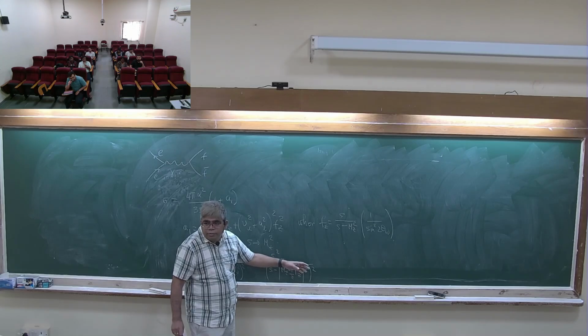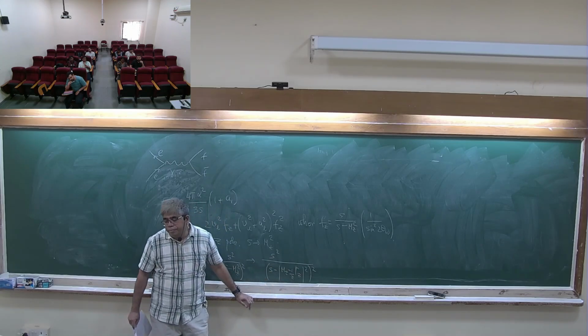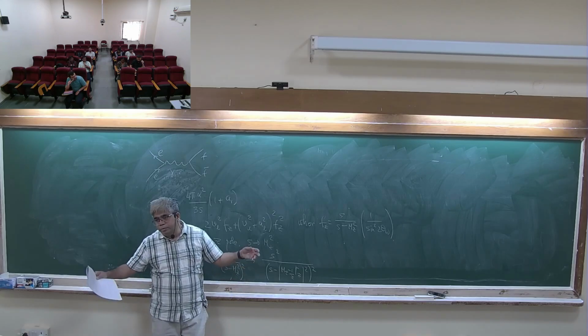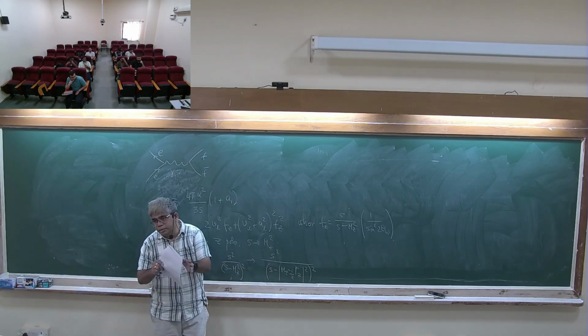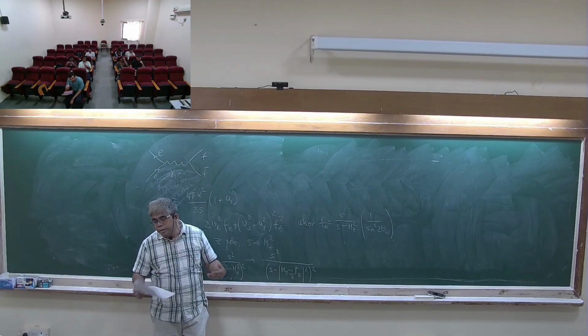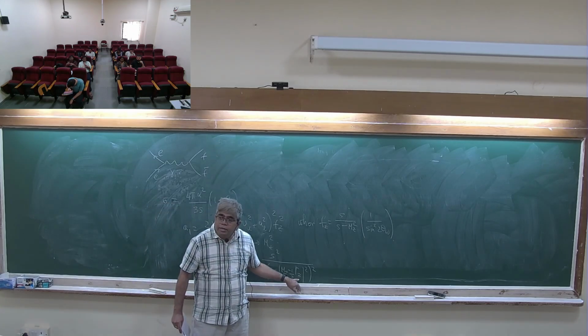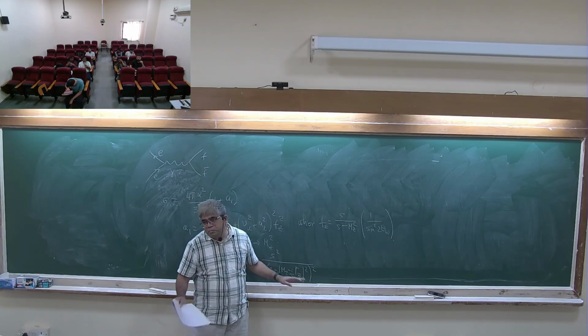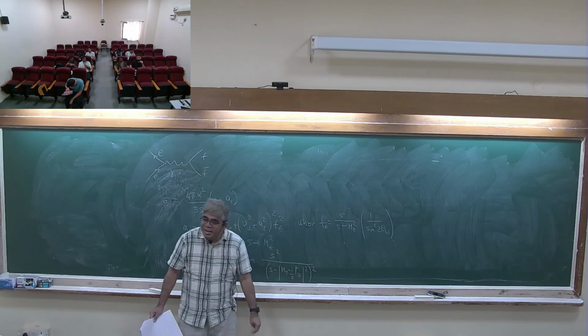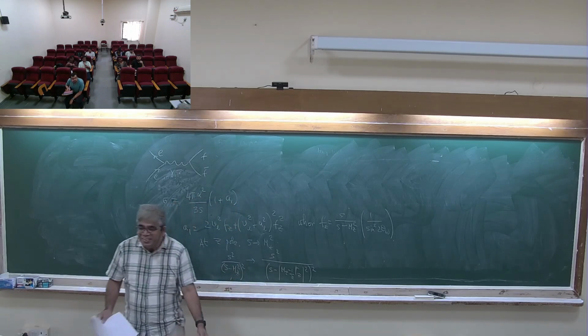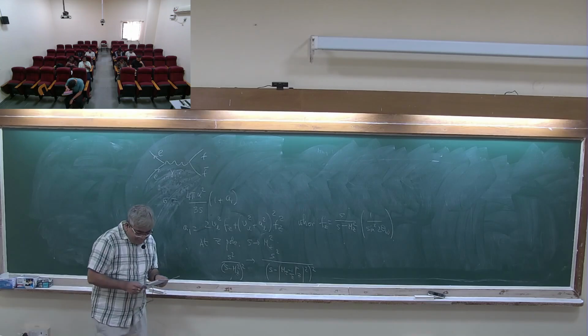Broad width means it has a lot of decay modes and a very little lifetime, and narrow width means it has a reasonable lifetime.